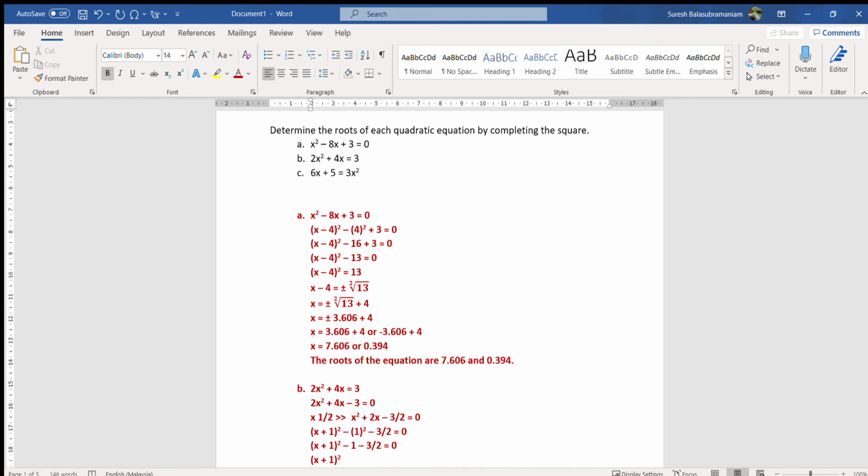So I'll get minus 1 minus 3 over 2, or in improper fraction it will be minus 5 over 2, equals 0.